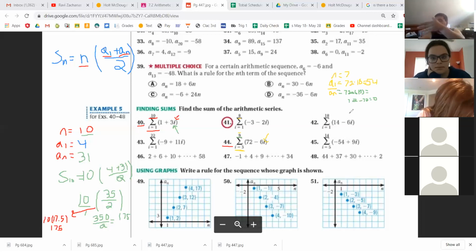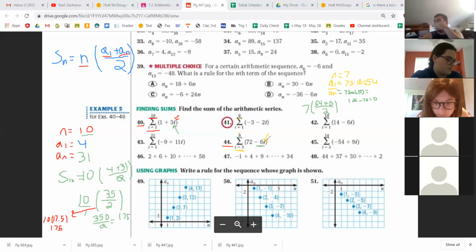So now we have all the actors. The play could start. n is 7. It's going to be 54 is our first term, plus 0 is our last term, divided by 2. Very important: notice how this is negative 6. Your slope, your change, your difference is negative. So that's why the second term, the farther term, was smaller. That's okay.